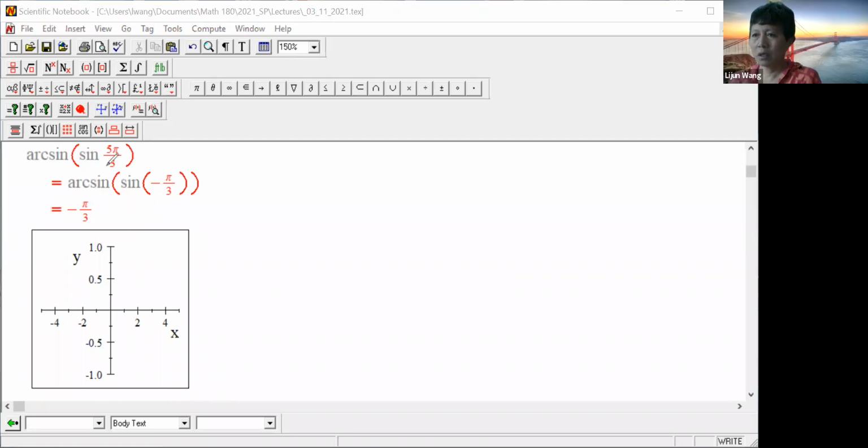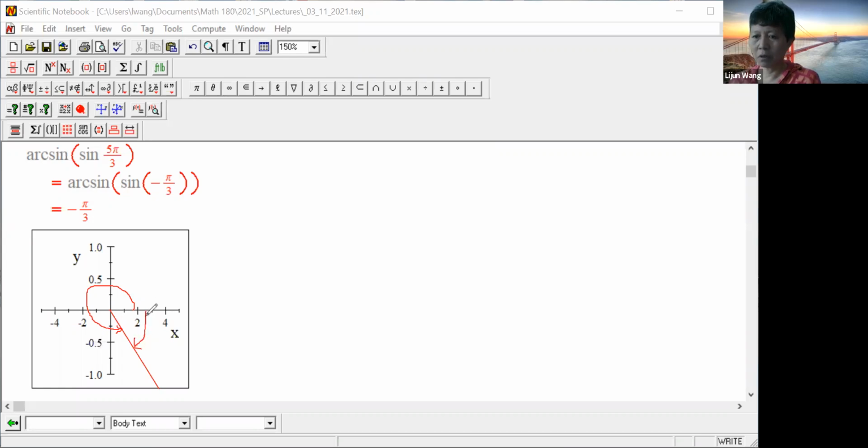Okay. 5 pi over 3 is a measurement counterclockwise. And that's the terminal. And the reference angle is pi over 3.